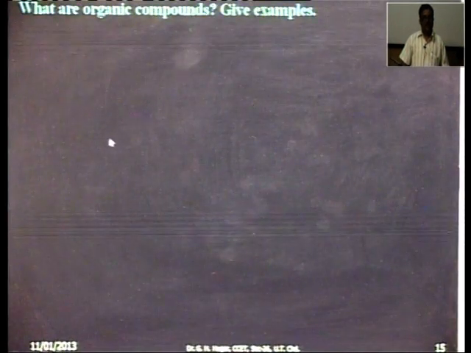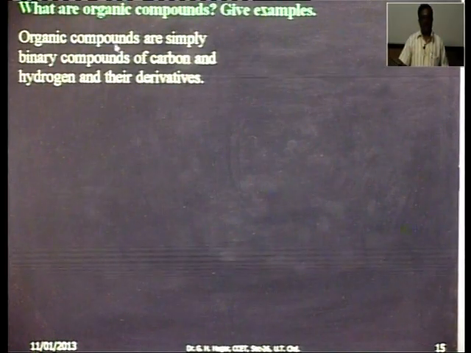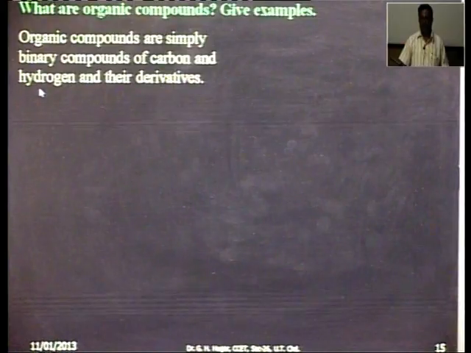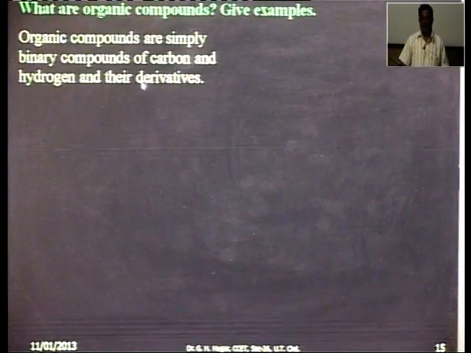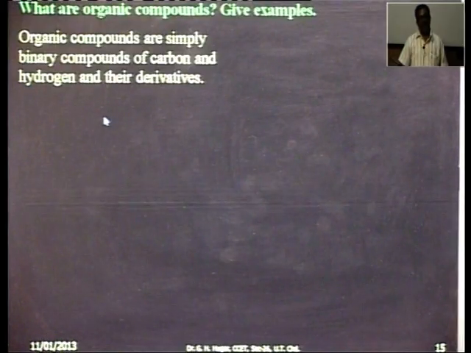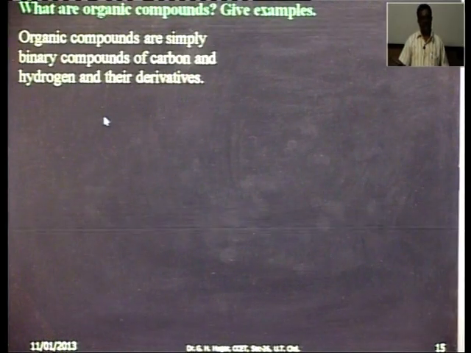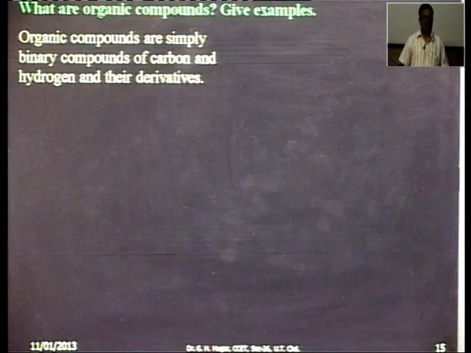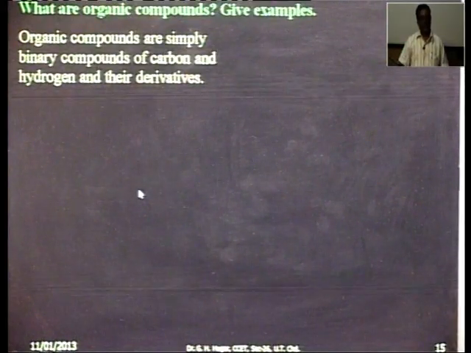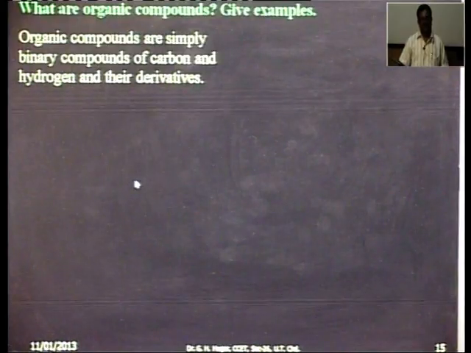Then what are organic compounds? We reiterate once again: organic compounds are simply binary compounds of carbon and hydrogen and their derivatives. Sometimes we may have other compounds like carbon and hydrogen along with oxygen. We will detail this when we make the classification.